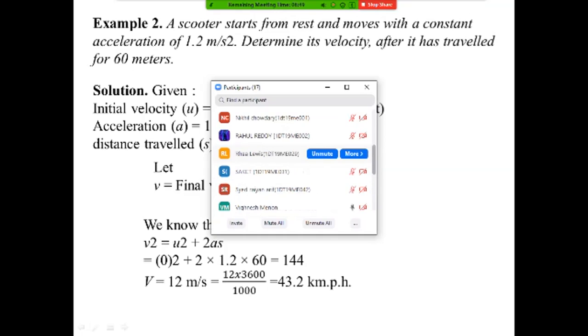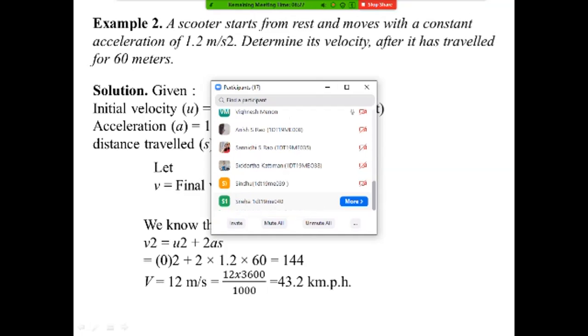Yes, sir. Okay, now you followed this. Problem number 2. Vignesh Menon? Okay. Sannidhi? Sannidhi S. Rao? Sneha?